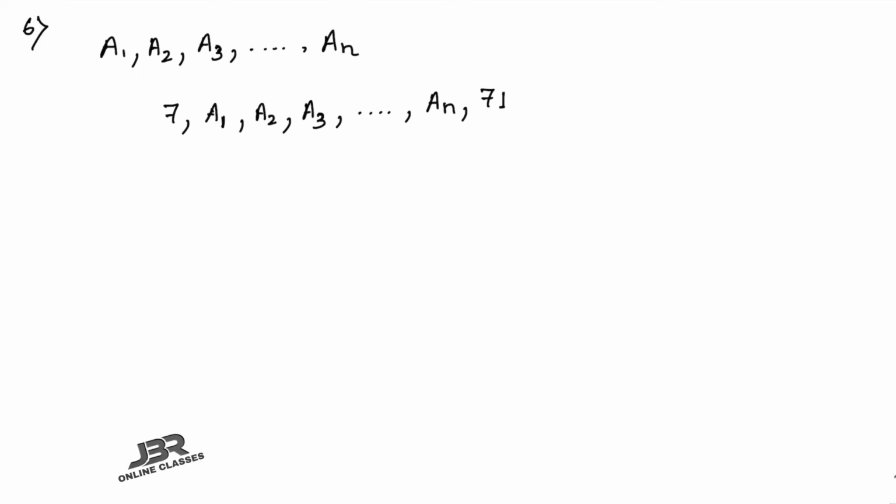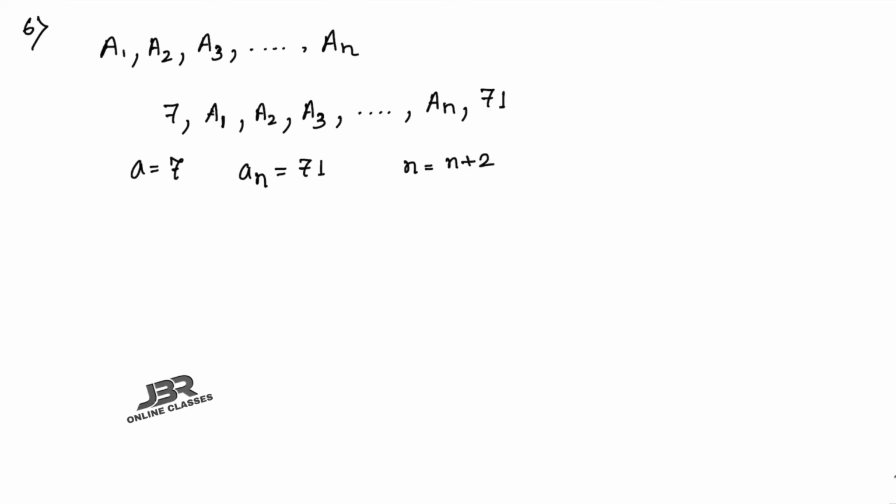Okay, these are in AP. So here a, that means first term, equals 7, and an, the last one, equals 71, and here the number of terms is definitely n plus 2 because 7 and 71 will be there, so n plus 2 terms total. So an equals a plus, in the place of n you can write n plus 2 minus 1 into d.